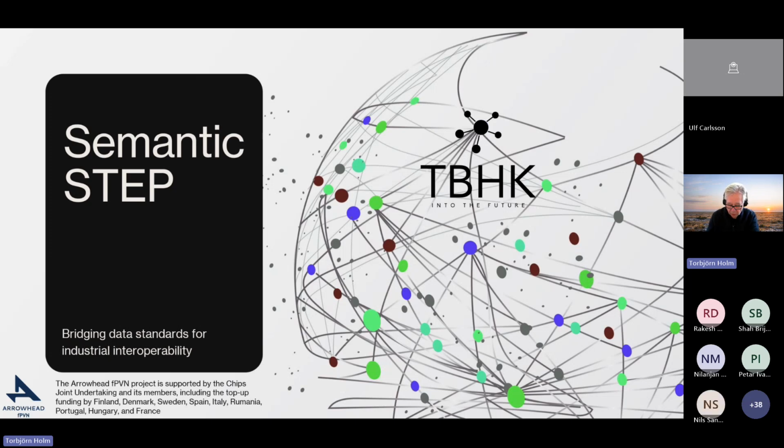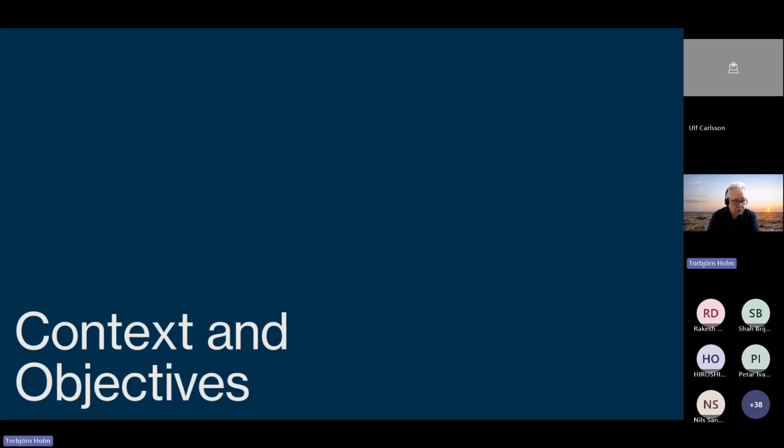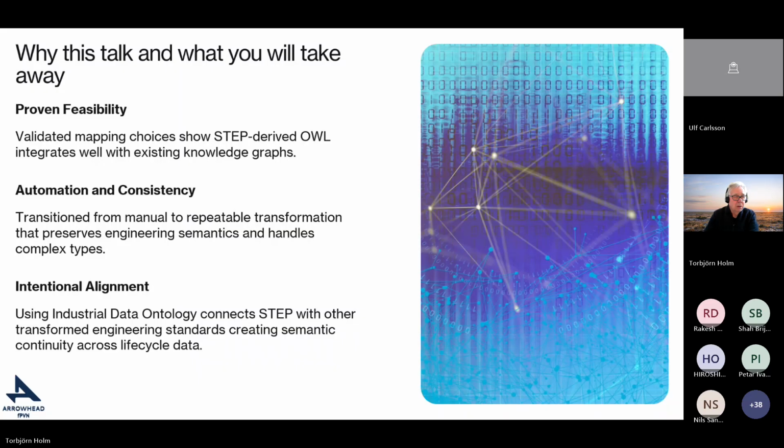So let's start. Context and objectives. What is the takeaway from my presentation? If you remember something, remember that what we've been doing to create this STEP ontology has been feasible and a very, very positive experience.